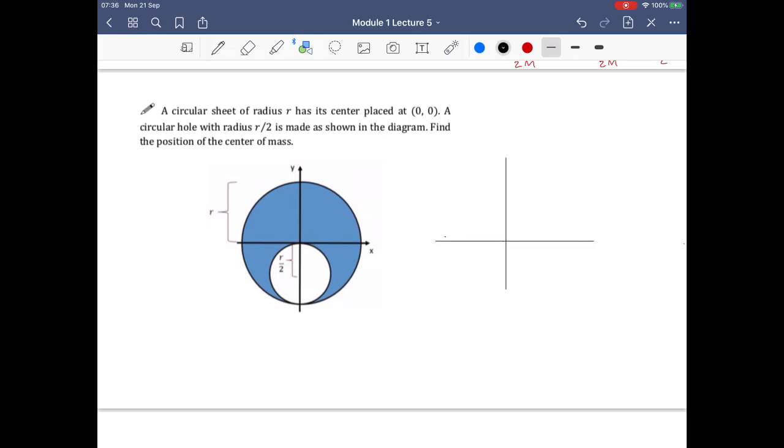Let me try to draw x and y axis again, and let me use different dots to represent different objects. So this blue dot represents the center of mass of the total. Okay, I make a note here.